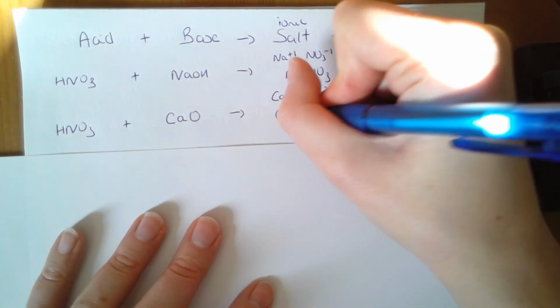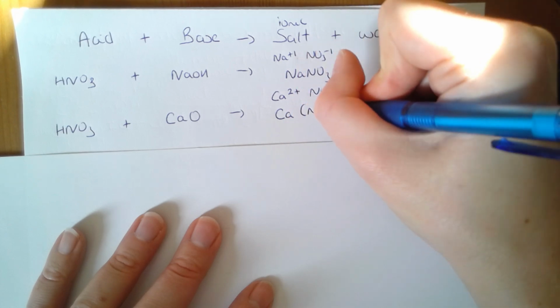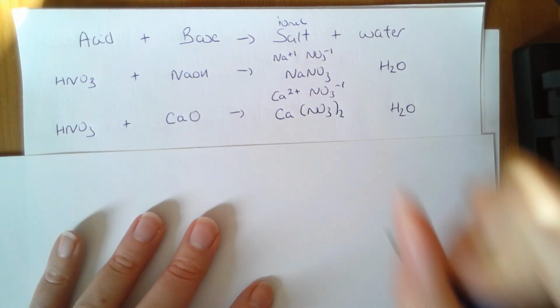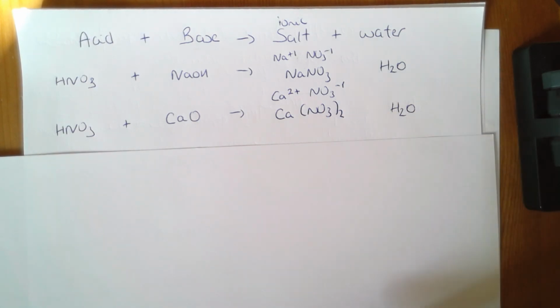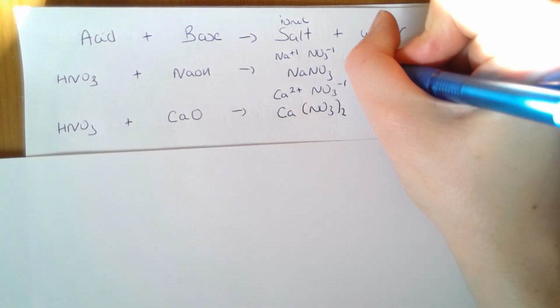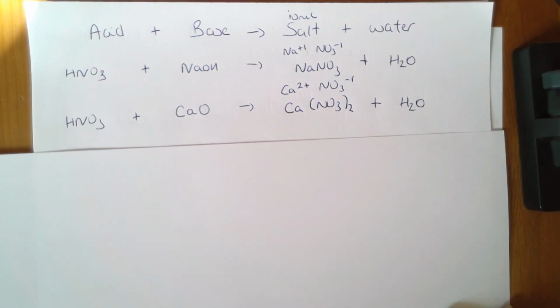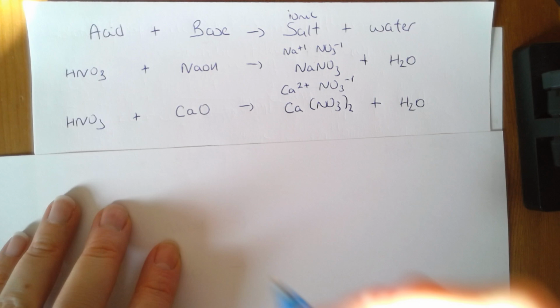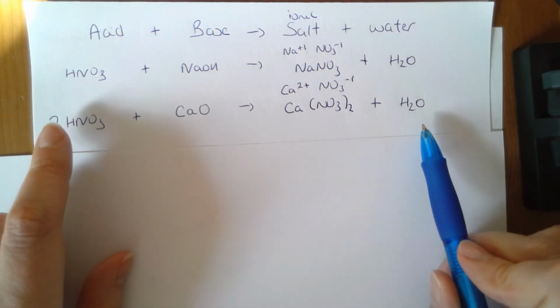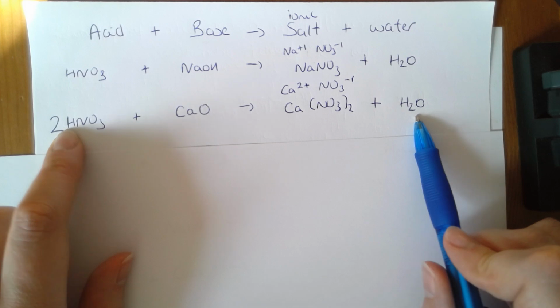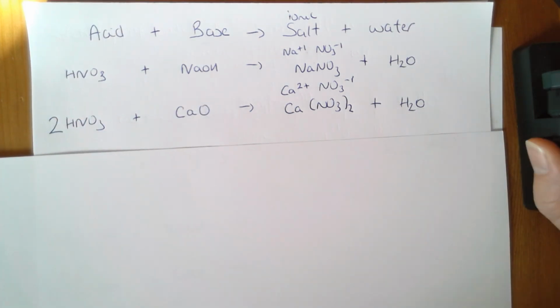So you end up with a Ca, you put the NO3 in a bracket, and you've got a 2 on the outside of the bracket. You need 2 nitrates to cancel out the charge on the calcium. Now I do have to go back and balance this, so I've got 2 nitrates. I'm going to need 2 nitrates here, 2 hydrogens, 1 calcium and 1 calcium, and there it is balanced.